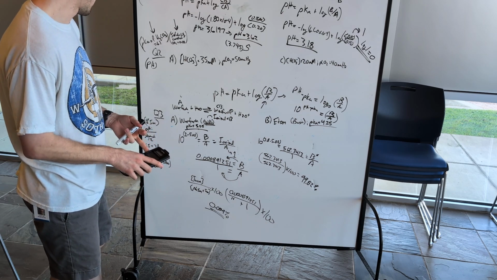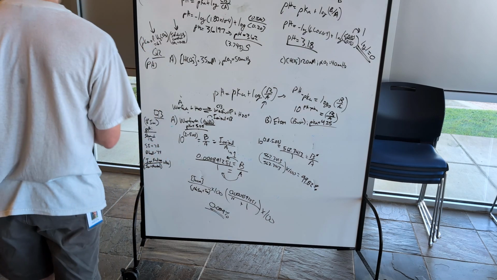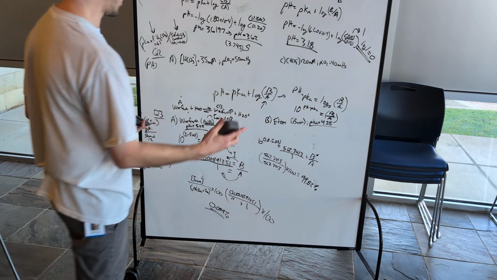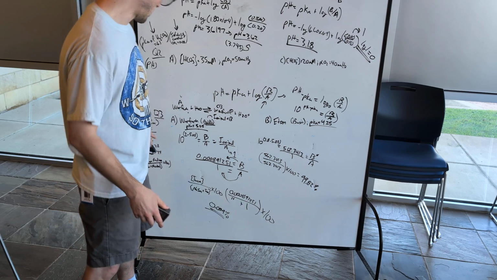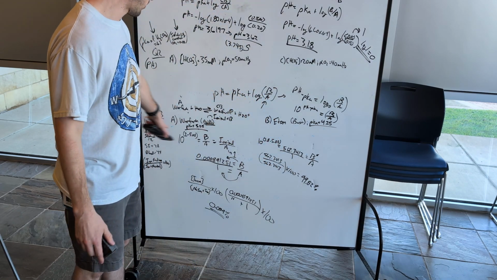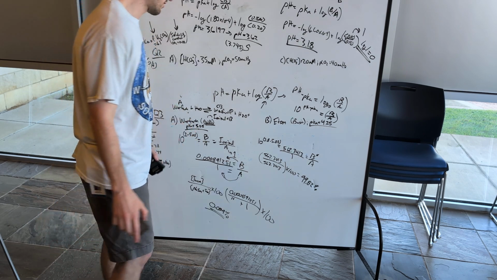So I'm not going to do the blood one because it's basically the same as the small intestine one. Higher pH could be very, very ionized for an acid. Lower pH could be very, very non-ionized for that acid.